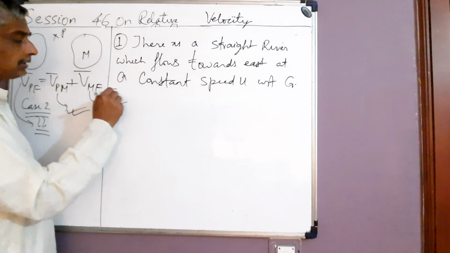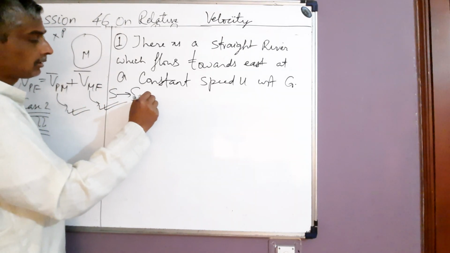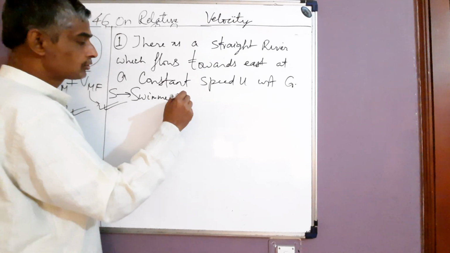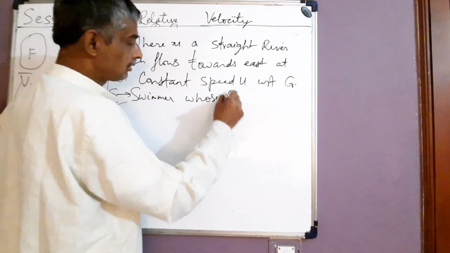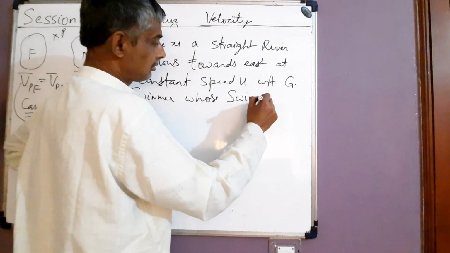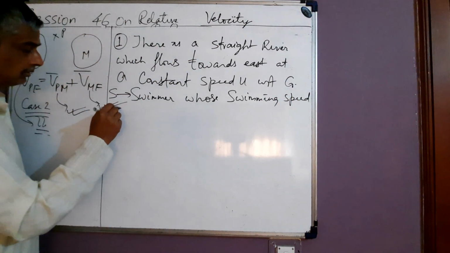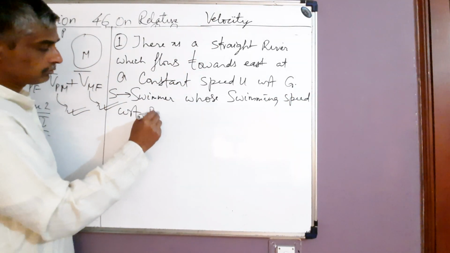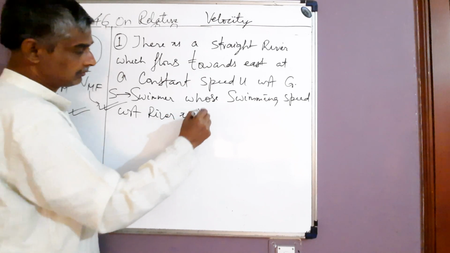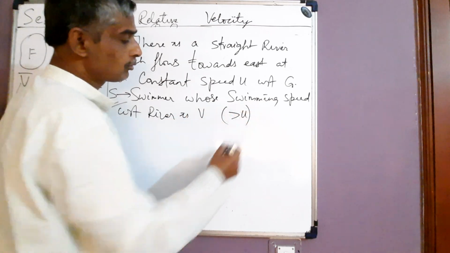S is a swimmer whose speed with respect to river is v, and v is given to be more than u.